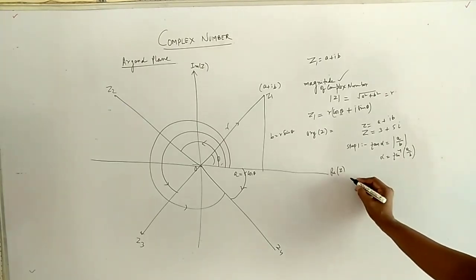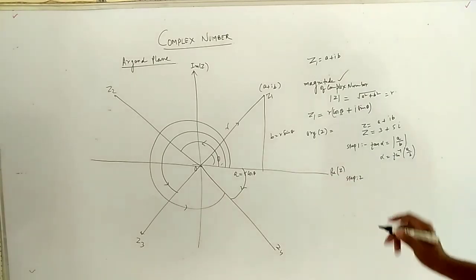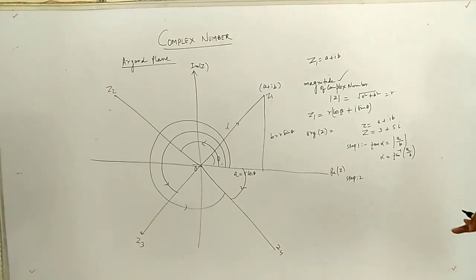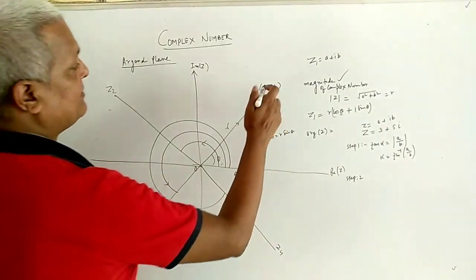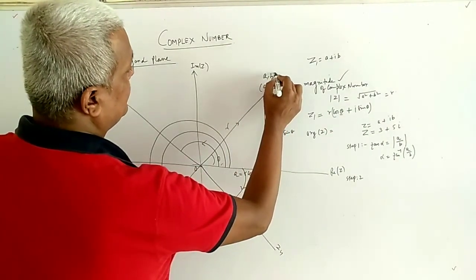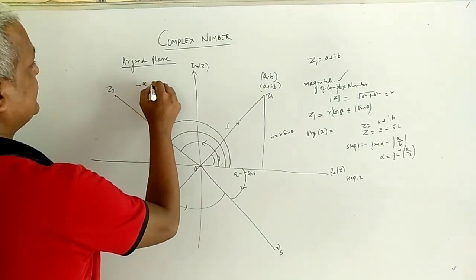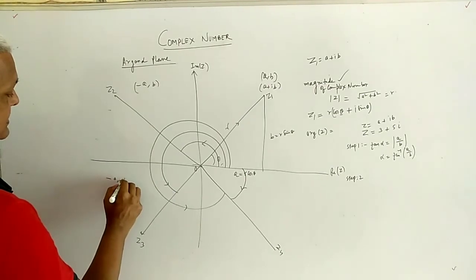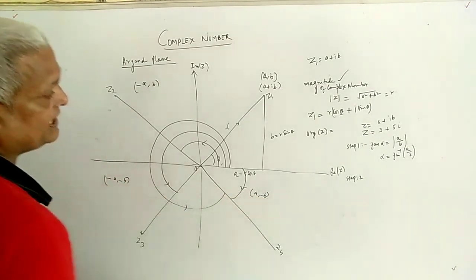Step 2, check in which quadrant the complex number lies. If you see the complex number a plus ib as the ordered pair (a, b), then here both a and b will be positive. Here you have minus a and positive b, here you have minus a and minus b, and here you have a and minus b.